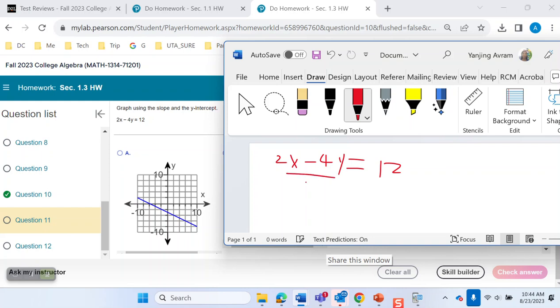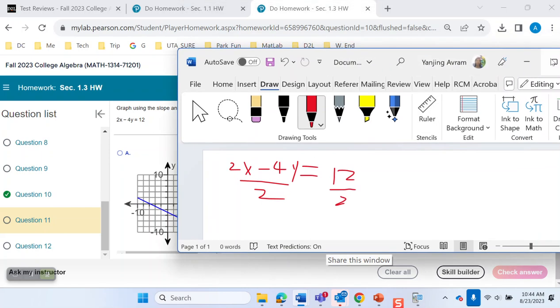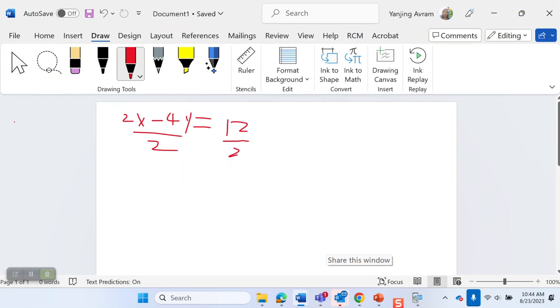So I can divide both sides by 2 to simplify this equation. 2x divided by 2, I get x. And 4y divided by 2, I get 2y. So this looks a little bit easier. And 12 divided by 2, I get 6. So that is the equivalent equation to the previous one.